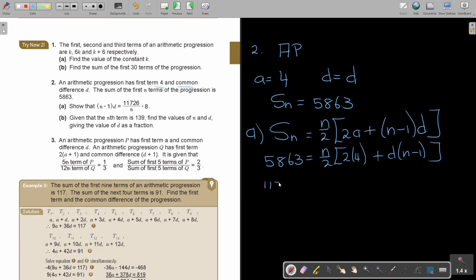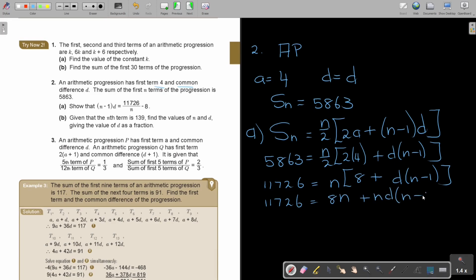I get 11726 equals n, and now I'm going to get that 8 plus, and now they want the d on the back. It doesn't matter where they want the d. So basically, I'm first going to leave it there, d n minus 1. But if I multiply it in, I'm going to do it like this. I'm going to say 8n plus nd n minus 1.